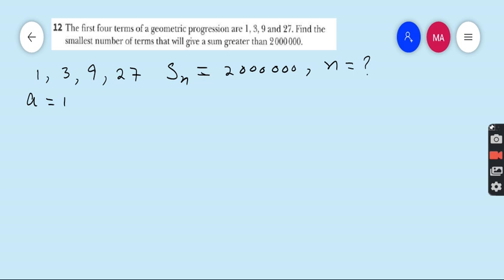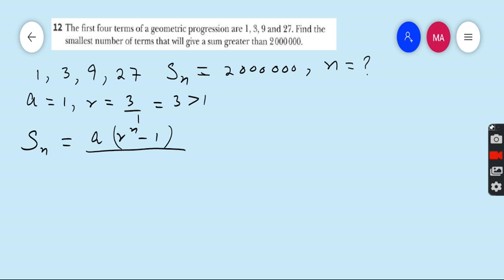First term is 1. The ratio is 3 upon 1, that is 3. So r is greater than 1, so we will use formula number 1, that is Sn equals a(r to the power n minus 1) upon (r minus 1).